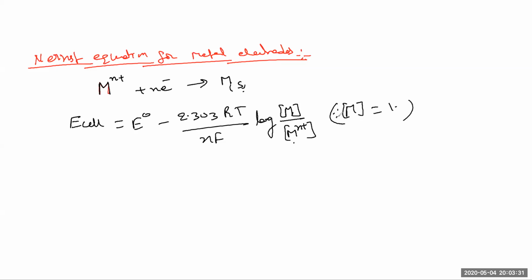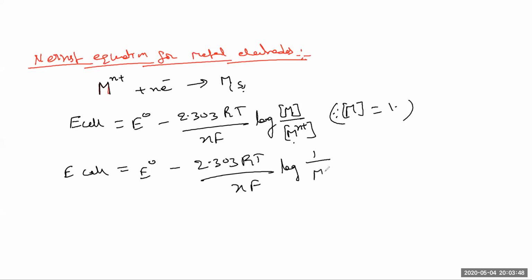So now we can write E cell is equal to E naught minus 2.303 RT by NF into log of 1 divided by M n plus concentration. Now this cation concentration is in the denominator. When it comes up to the numerator, the sign is changed to negative.